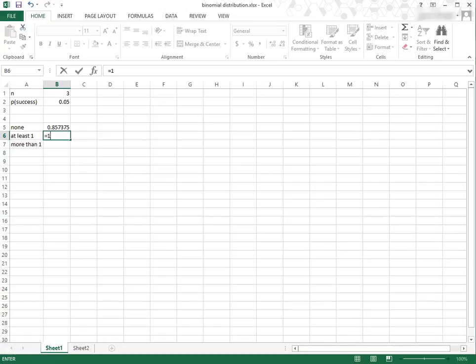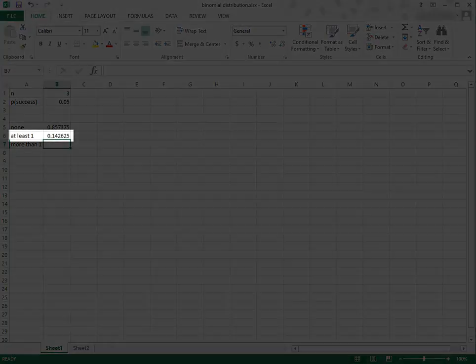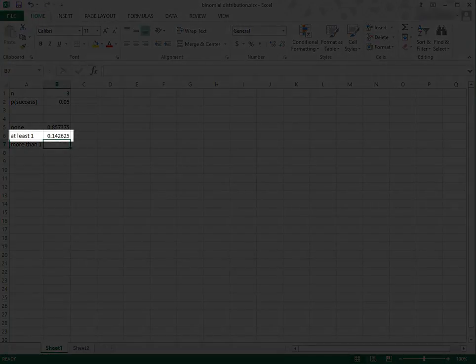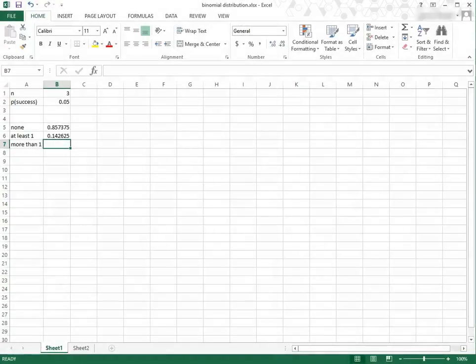To do that, we simply do 1 minus our binom dist function for 0 products being returned. And again, we use false as the last argument because we want the probability that 0 and only 0 products are returned. Doing 1 minus this binom dist function will give us the probability that at least one is returned. So we get a probability of 14.3%. So that is the probability that at least one product will be returned.